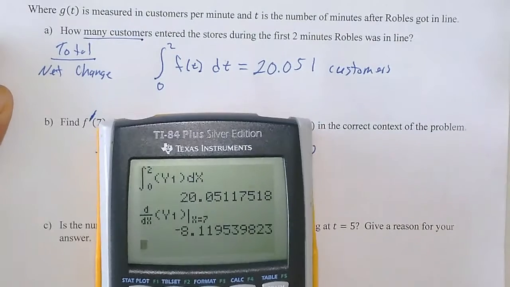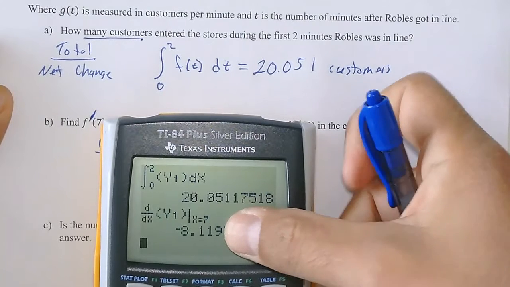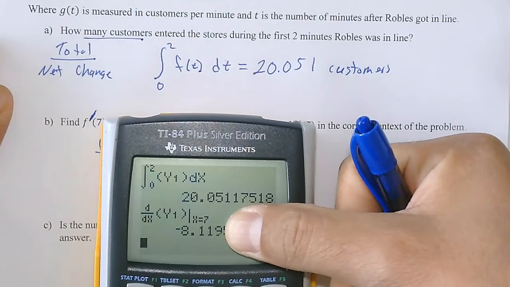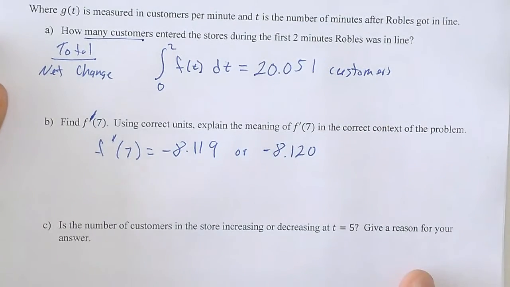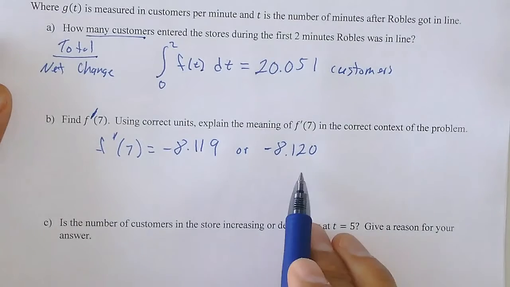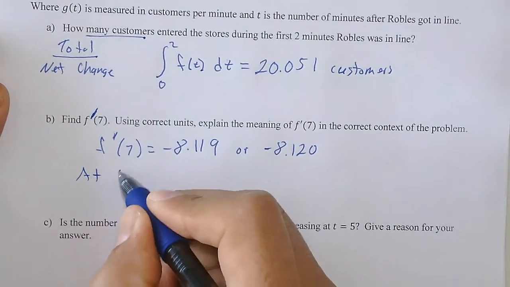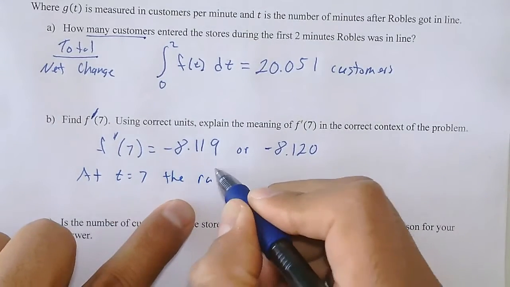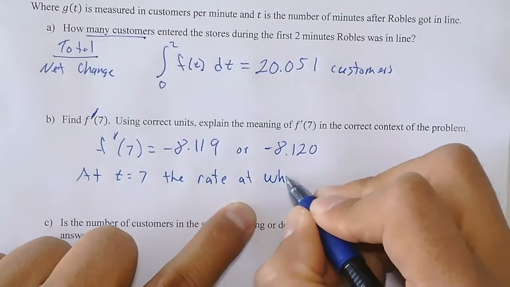What does that number mean? Well, at time equals 7, this is the rate at which customers entering Northgate has.